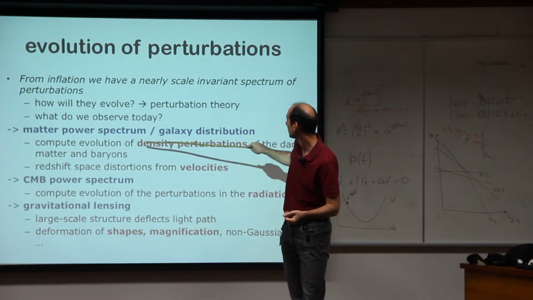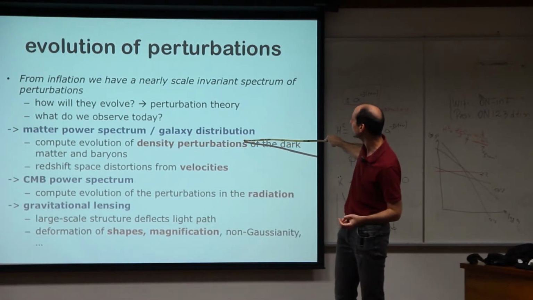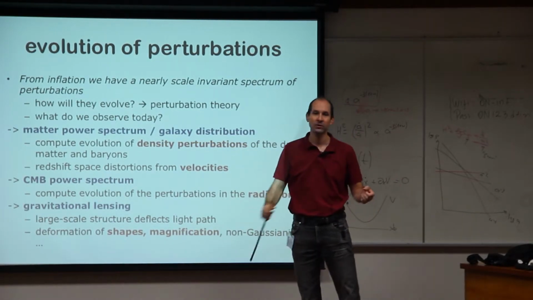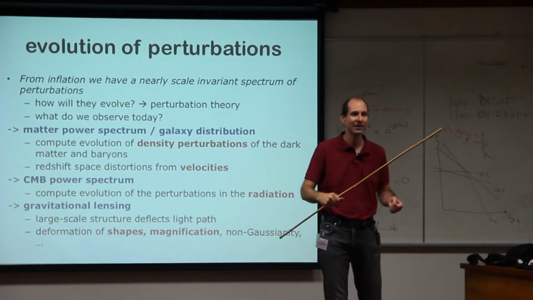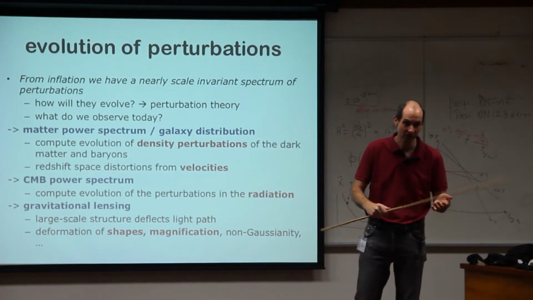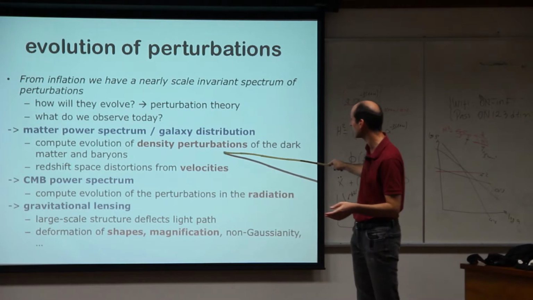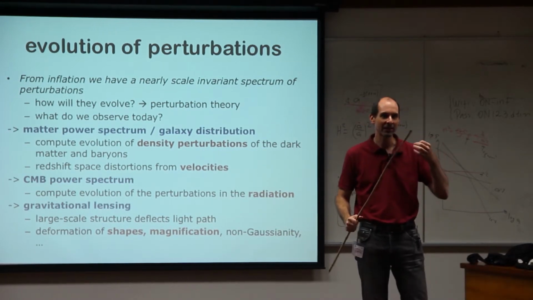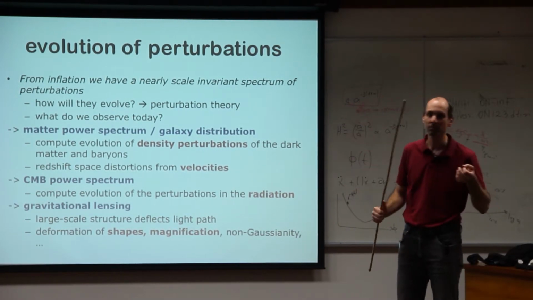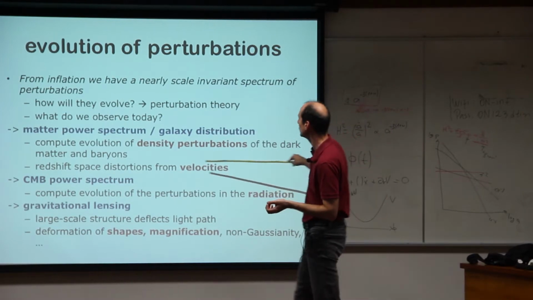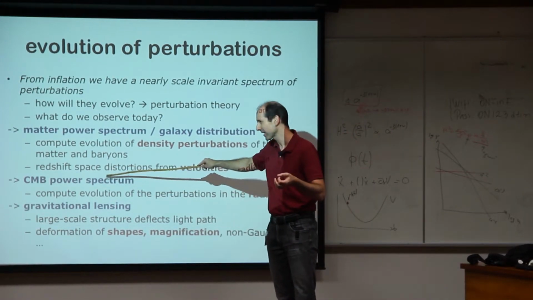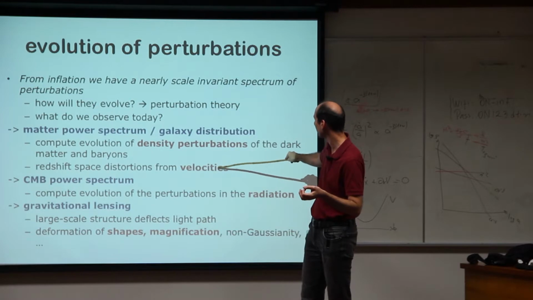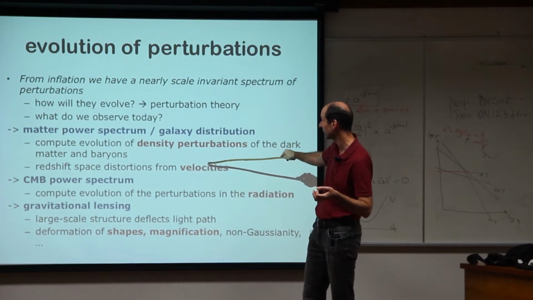And that will, for example, show up in the galaxy distribution, because where stuff is denser, we form galaxies, and so galaxies should trace the density perturbations. And of course, galaxies also move, and that motion we can see through redshift space effects. I will explain this again later, and so the velocities also depend on the perturbations.